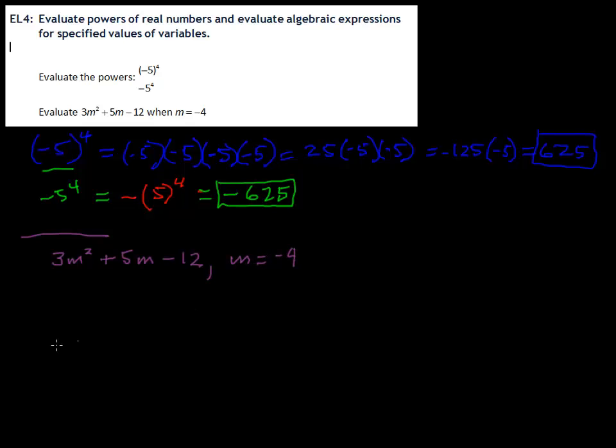Now, a key point here, early in the semester, please be sure to make substitutions. When you're substituting a value for a variable, use parentheses. So as we substitute, this is going to be 3 times, and let's put in parentheses, this is -4.